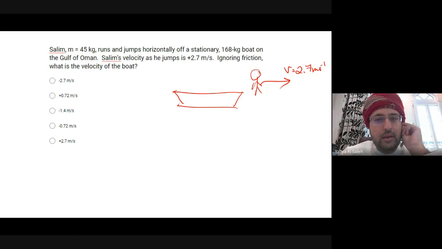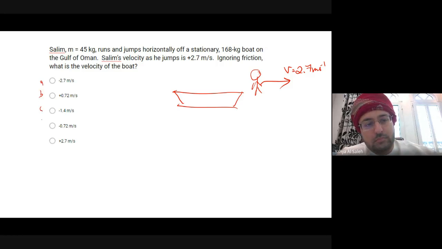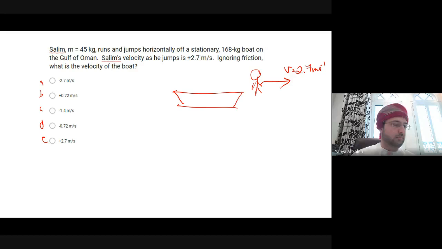If we ignore friction, what is now the velocity of the boat? Think of it, try to do the calculation.